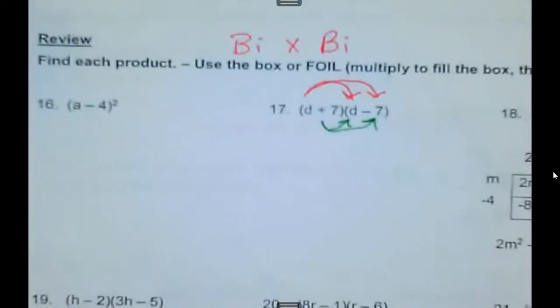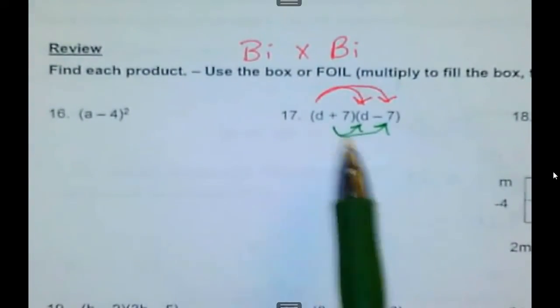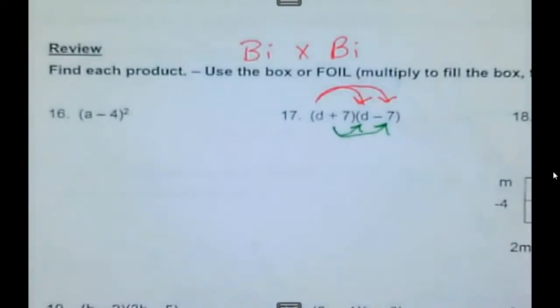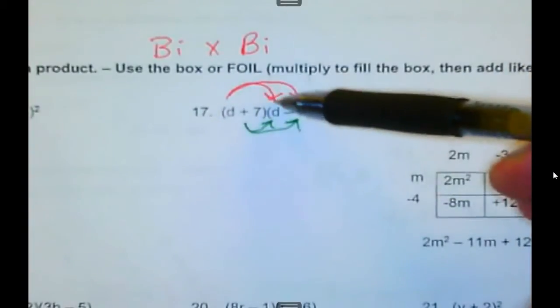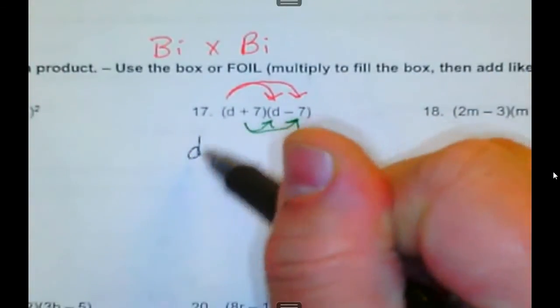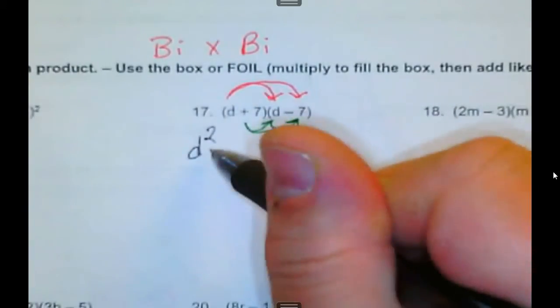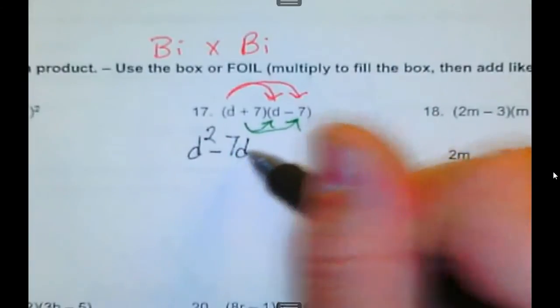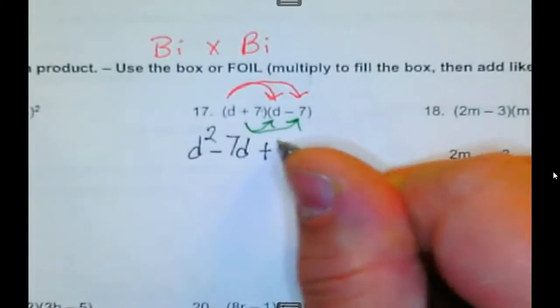They have a couple of different ways of doing it. FOIL, the box method. At this point in your lives, you should be able to use distribution because that's really what it is. Okay, D times D is D squared. D times minus 7 is minus 7D. 7 times D is plus 7D.